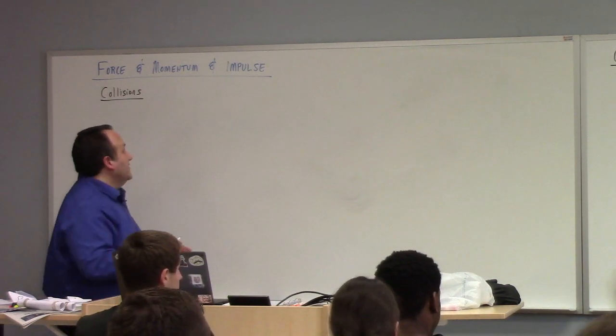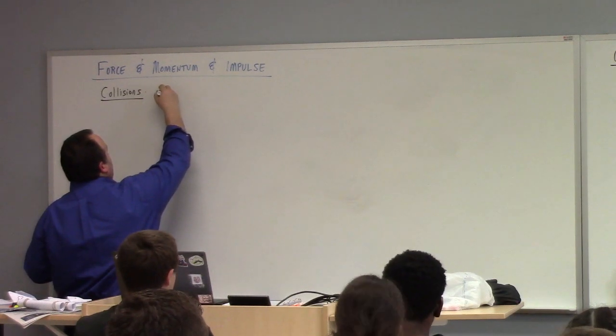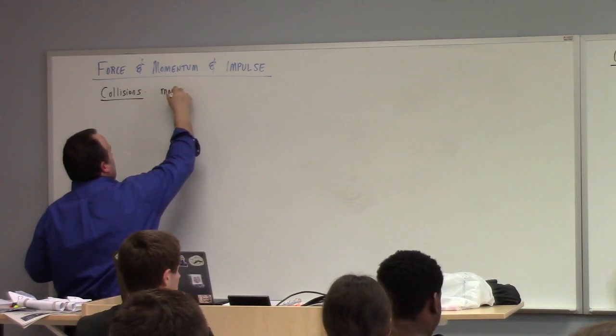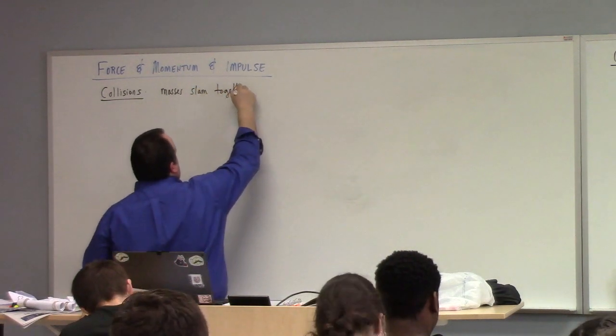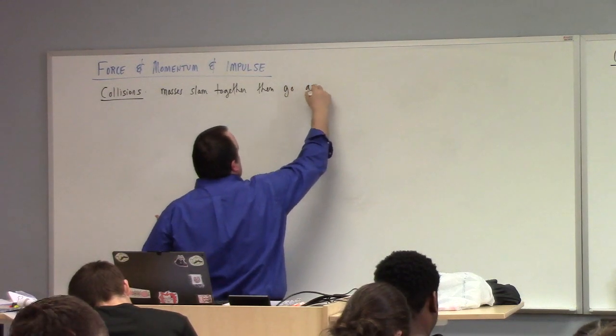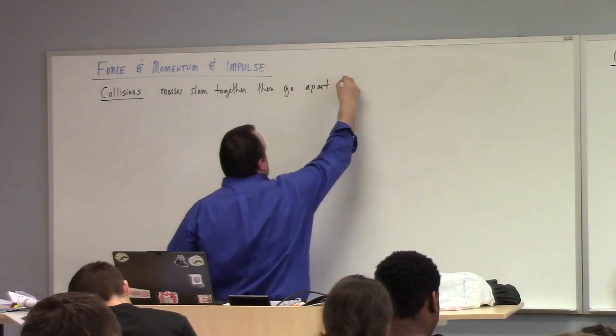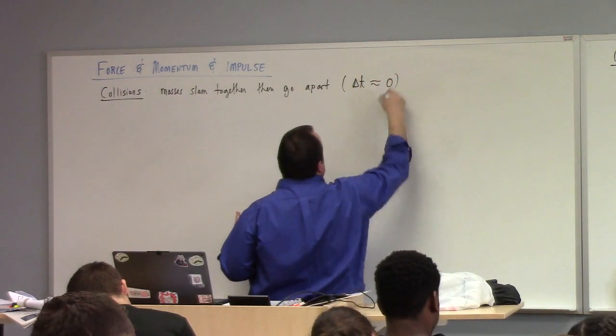And so the idea is that we have masses slammed together, then go apart, all right? But the critical thing here is that the time that it takes is approximately zero.